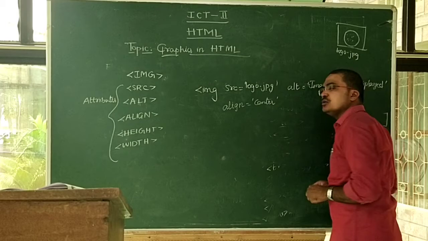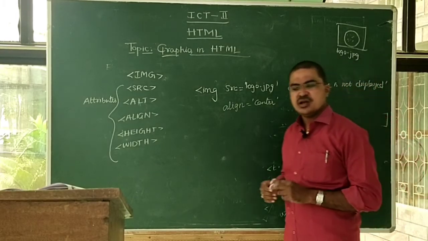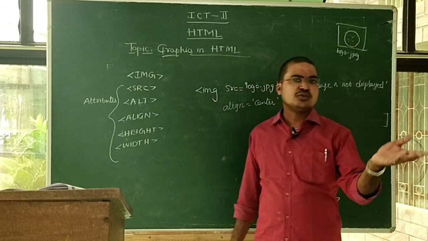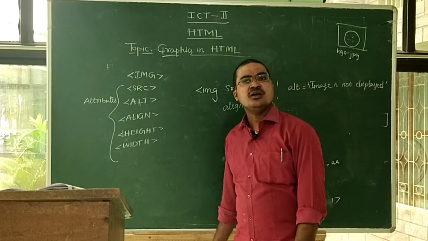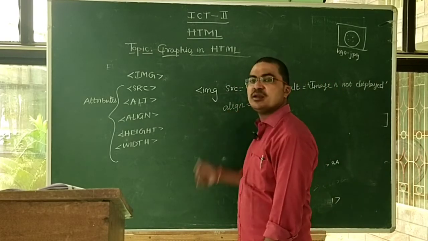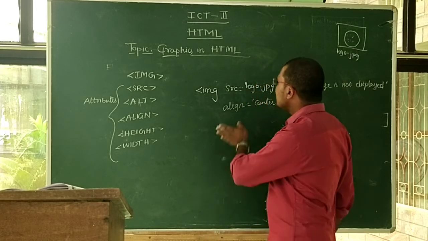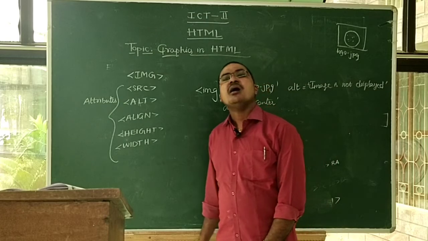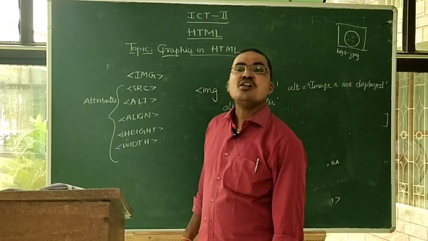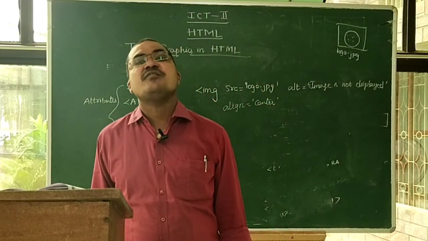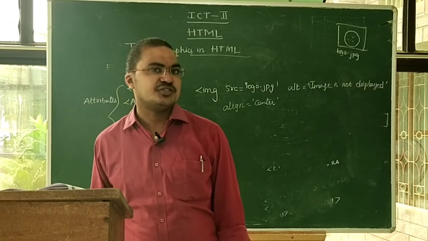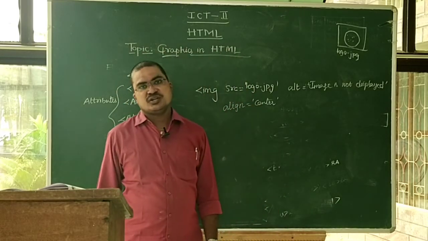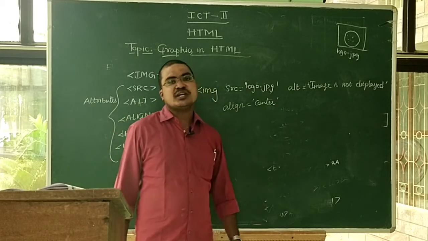So I use align is equal to center, or align is equal to left, or align is equal to right, whatever it may be, you just put the position in the align place. If you don't write the align attribute in the img tag, the image always appears on the left hand side of the web page. But this time I want to show the image in the center of the page. That's why I use align is equal to center.